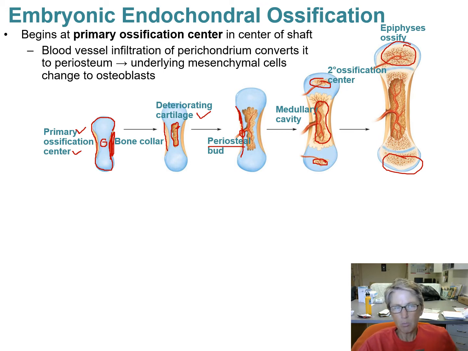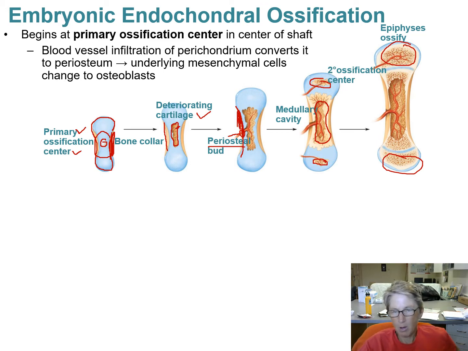Okay, so endochondral ossification begins at this primary ossification center in the center of the shaft. So this is the shaft of the bone. And then over time, blood vessels, as it shows here, will infiltrate the perichondrium. So that's that covering of the bone. And then when the blood vessels infiltrate the perichondrium, that will convert the perichondrium to a periosteum.